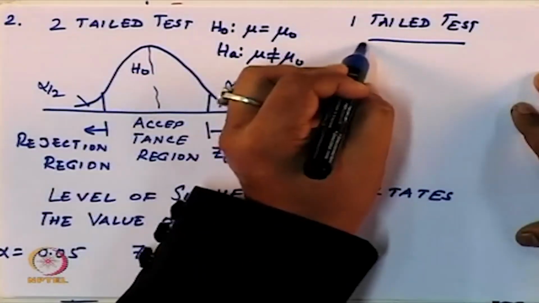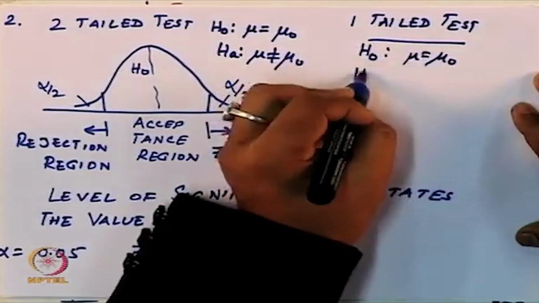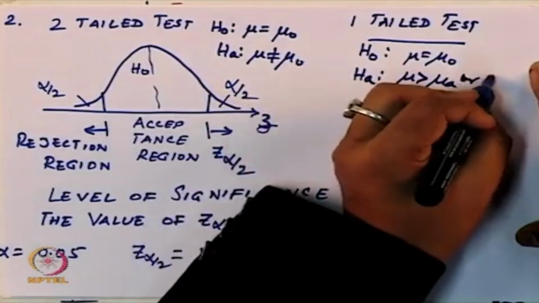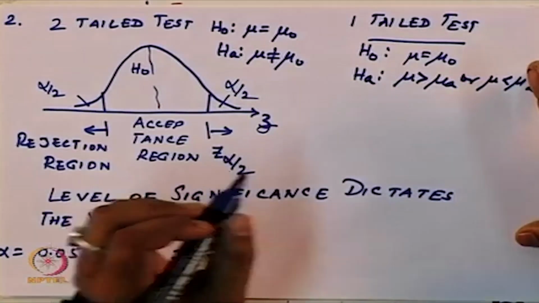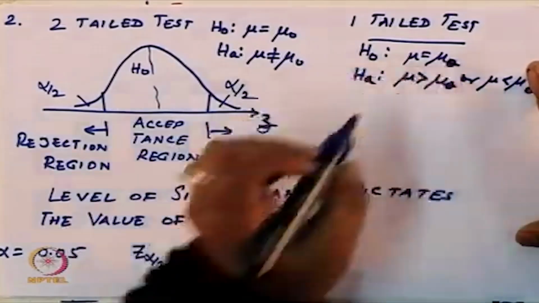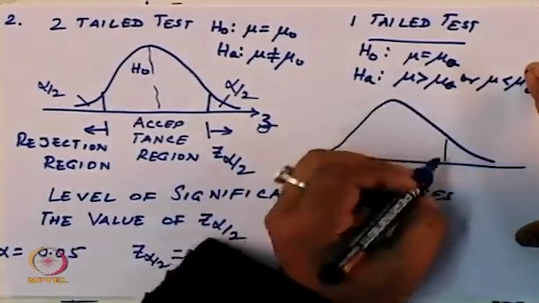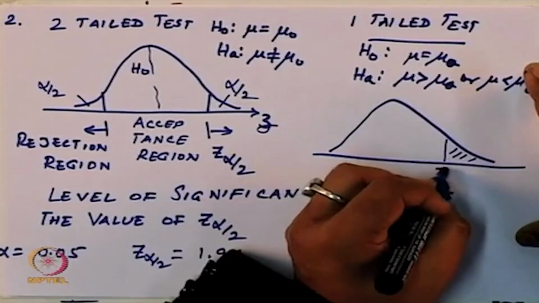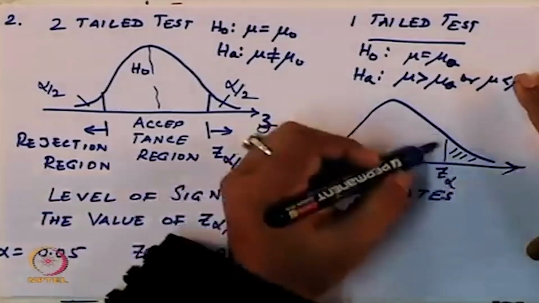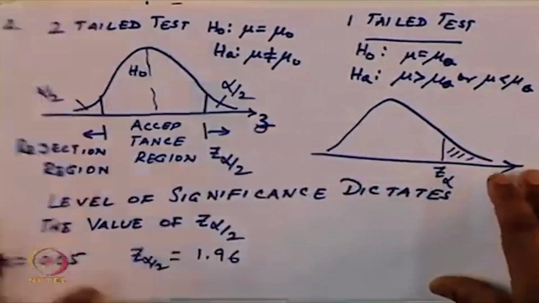For the one-tailed, my H naught is mu equal to mu naught and HA is mu greater than mu naught or mu less than mu naught. And for the one-tailed test, you are only concerned about this area. So, you call this z alpha, and depending on the value of alpha, you can accordingly change the value of z alpha.